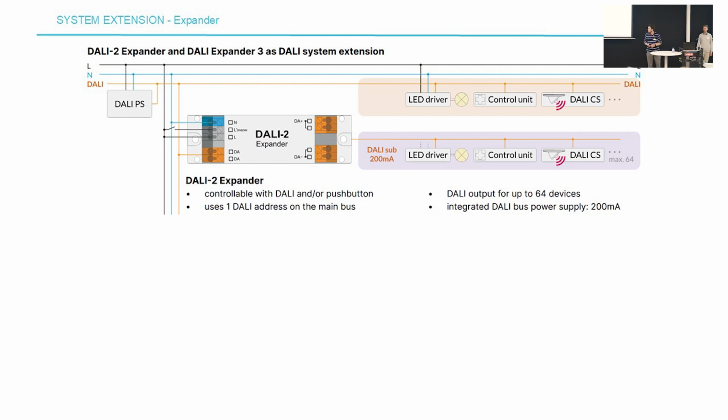This also has a separate DALI bus power supply, so these are two separate buses that can communicate from one bus to the other. If you want to have even more buses, you can use the DALI Expander 3. This is the same device, but it has 3 individual buses on the output side.